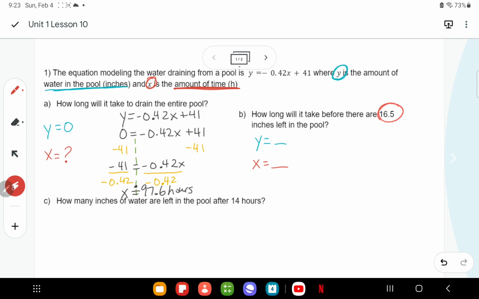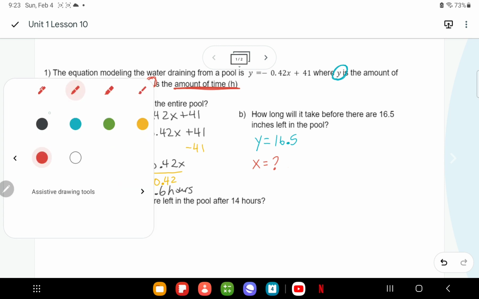So this says there's 16.5 inches. That's going to be my y. That's the amount of water left. So I'm going to put 16.5. And x, that's going to be a question mark. That's what I want to find.